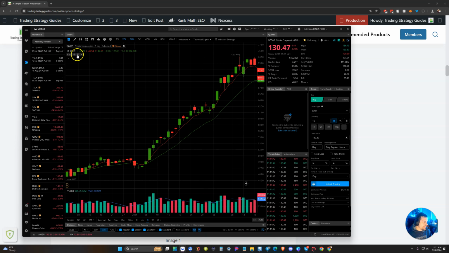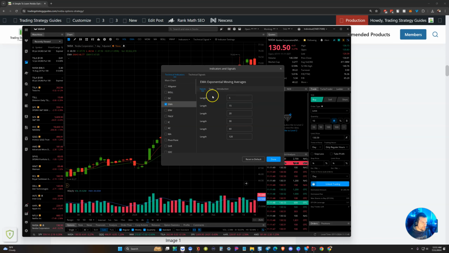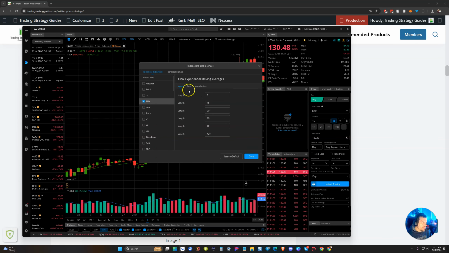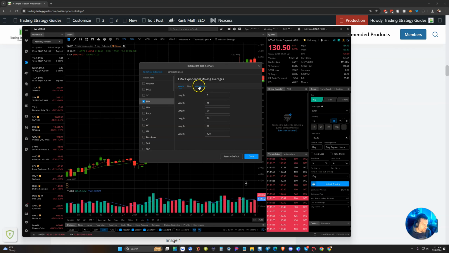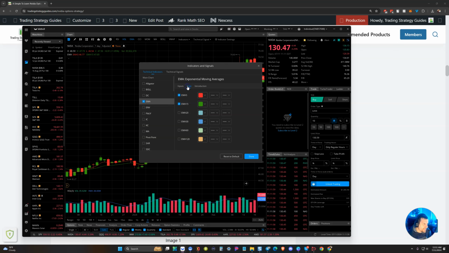Then you click on this little icon right here and you'll see the inputs. You want to change your inputs to 5 and 15, and then select both of these: EMA 5 and EMA 15. These are the two indicators that you'll need.